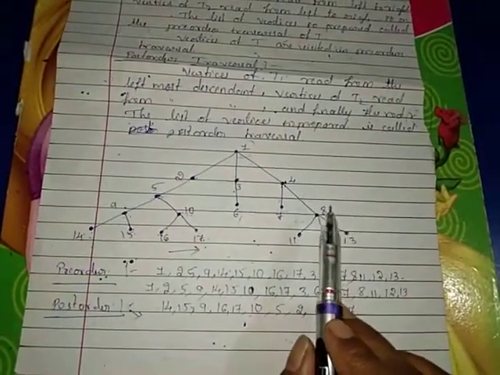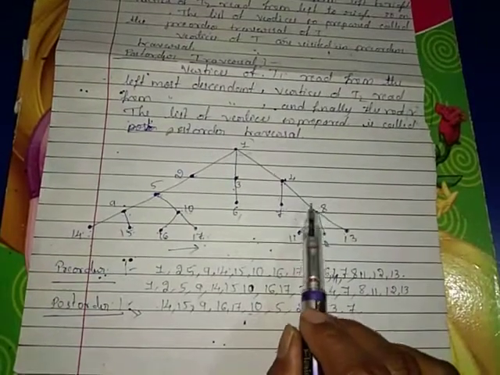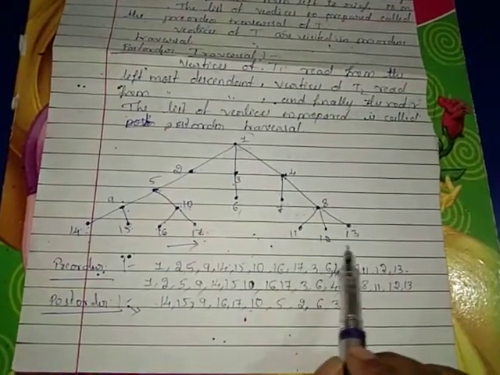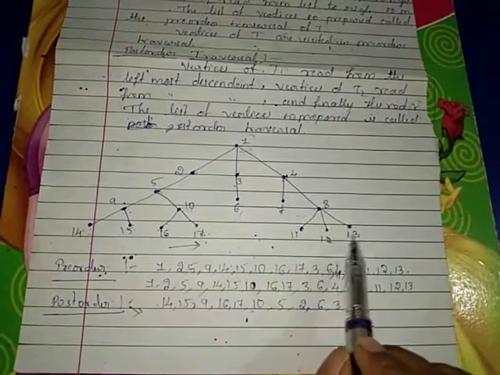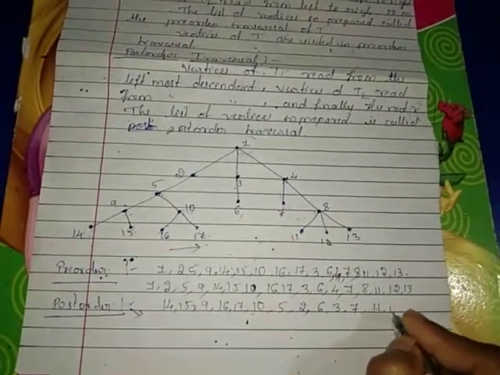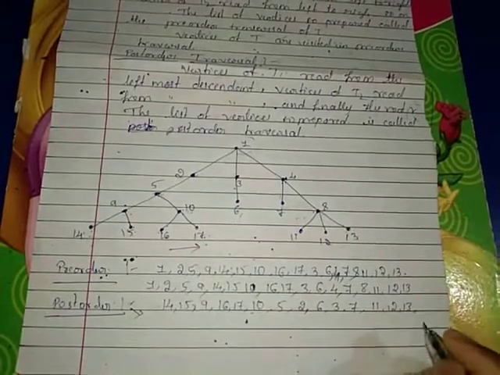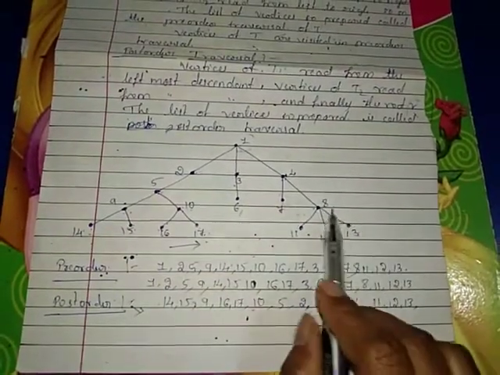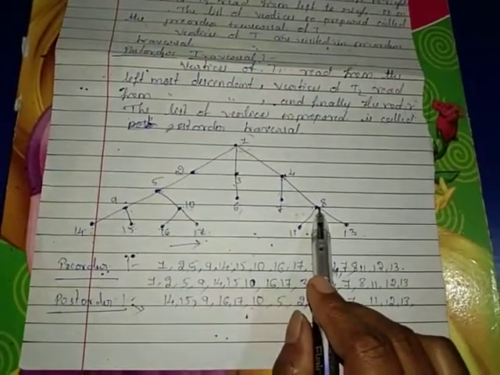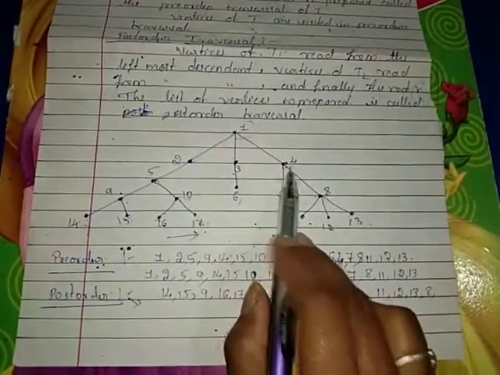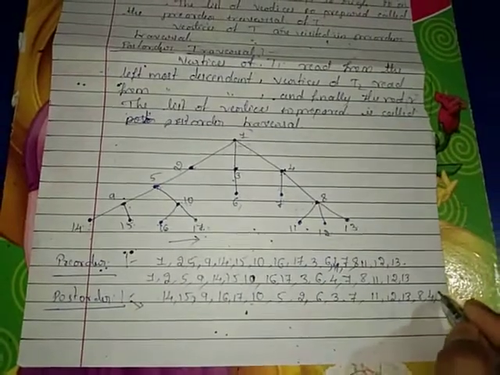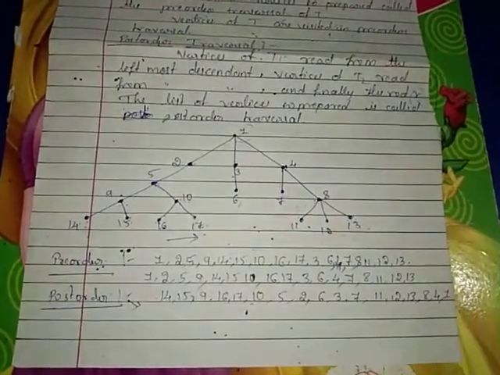For the same 4 there are some more descendant vertices. Those will be 11, 12, 13. For the 11, 12, 13 we have the parent vertex 8. For the 8 we have a 4. At the last, the root will be written.